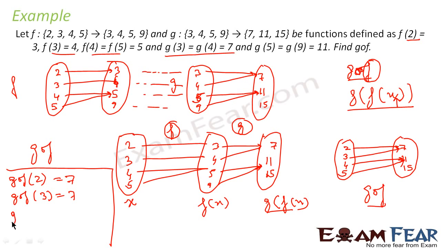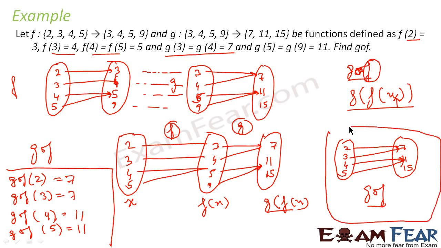Please note, the moment you give in g o f the input as 4, you get output as 11, and if you give 5 also, you get output as 11. So if you give 2, you get 7, 3 you get 7, 4 you get 11, 5 you get 11. So this is my g o f function.